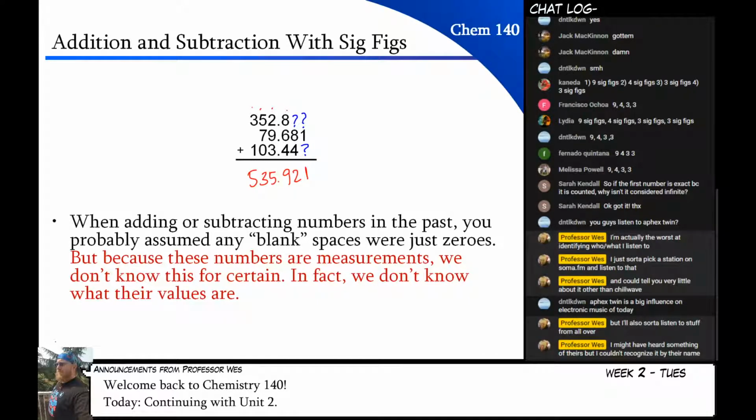And when I do addition, can I add 1 plus question mark and know that it's 1? And the answer you should be saying is, oh, no, it could be any number. This 1 could be any number as well. Same thing up here. 8 plus 4 plus question mark is not 2. It's question mark.